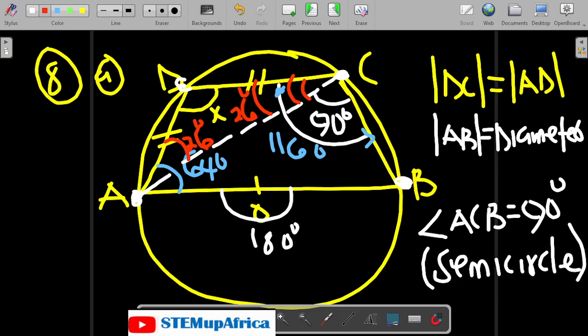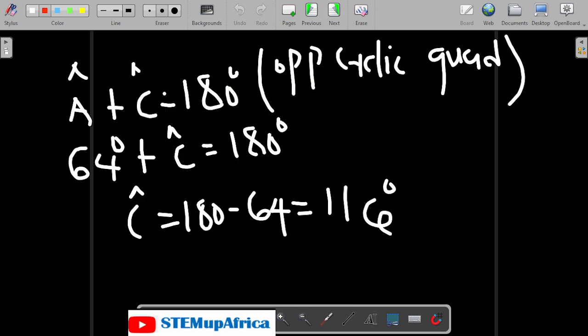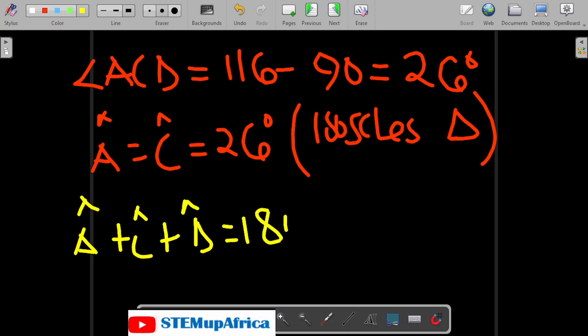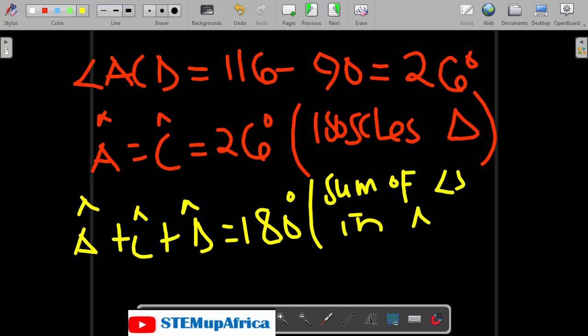So I can now apply the sum of angles in a triangle to find angle D, which is X. I'm going to have angle A plus angle C plus angle D is equal to 180 degrees, sum of angles in a triangle.